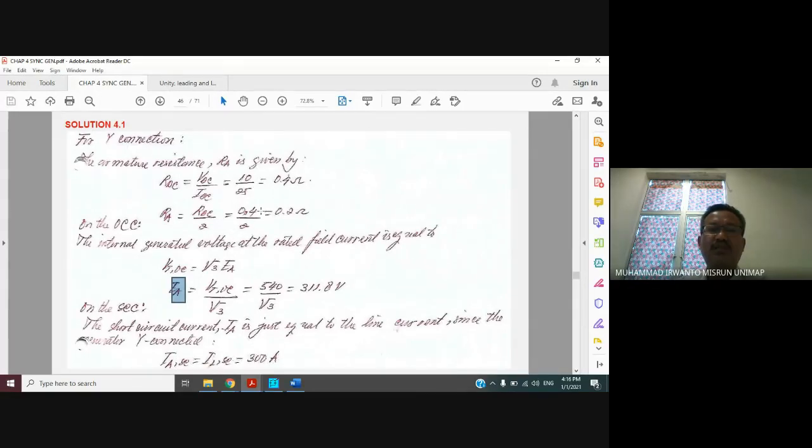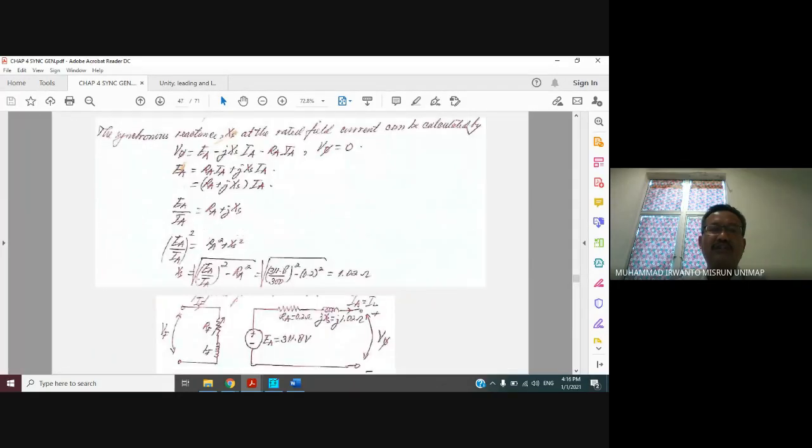From this value, RA, EA, IA, for the phase voltage in the short circuit condition is 0, we can calculate the value of synchronous reactance. The synchronous reactance can be found using this formula. EA is equal to RA IA plus jXS IA.